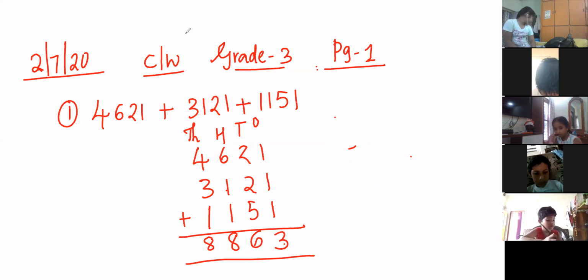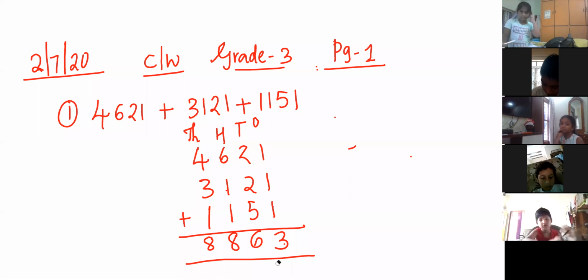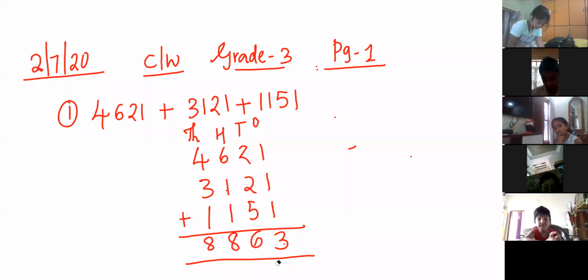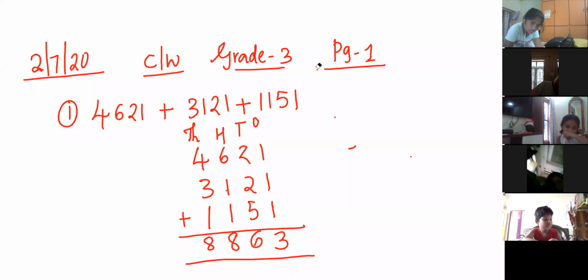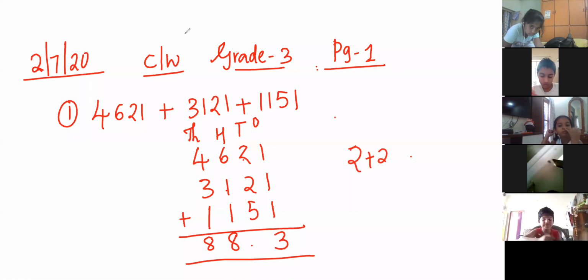Take down this. Children, I have made a little mistake here. How much is it? 2 plus 2 plus 5, children, in the tens place. Once again look here.